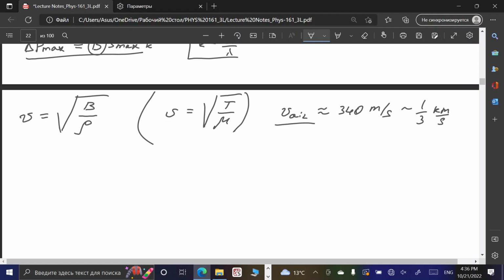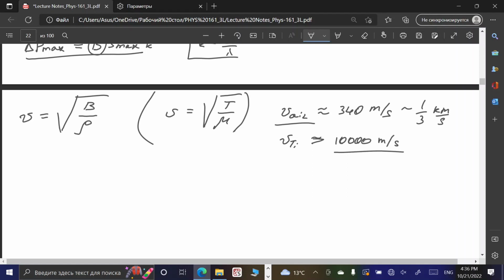However, if we consider the speed of sound in titanium, such a very strong and light metal, which is widely used in our aerospace industry, because you want to have strong and light constructions there, that will be around, even actually exceed, 10,000 meters per second, which is insane.